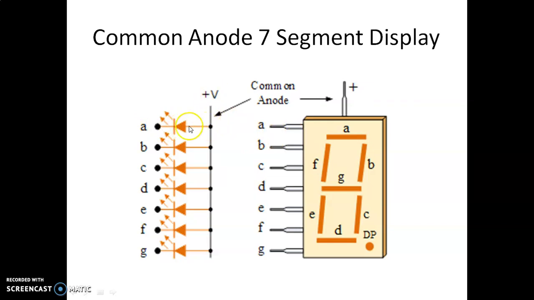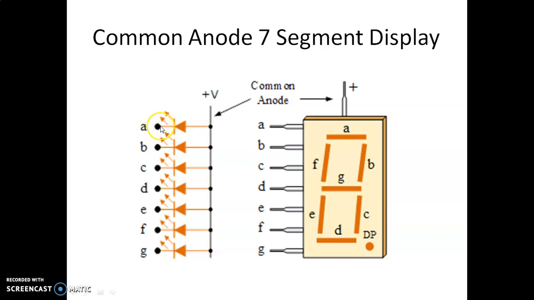When this is VCC, this segment diode will be turned on when the anode is positive and the cathode is negative. When the anode is more positive than the cathode, then that segment diode will be on.